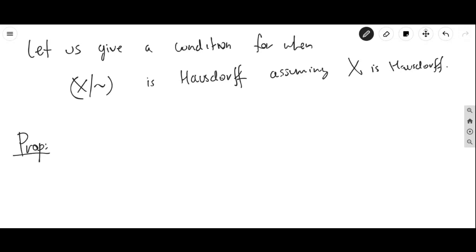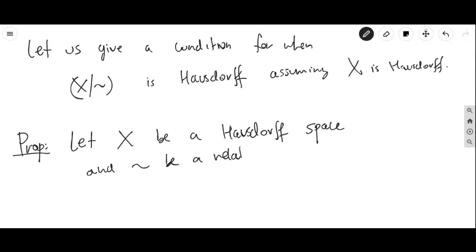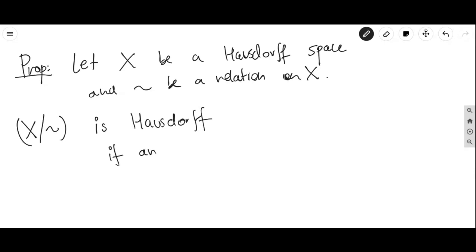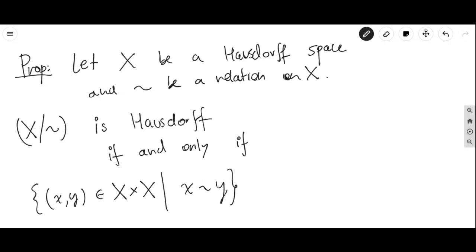Proposition: let X be a Hausdorff space and ~ be a relation on X. Then X mod ~, the quotient space, is Hausdorff if and only if the set of points (x, y) in the product such that x is related to y is a closed subset of the product. Okay, so that is the criterion.